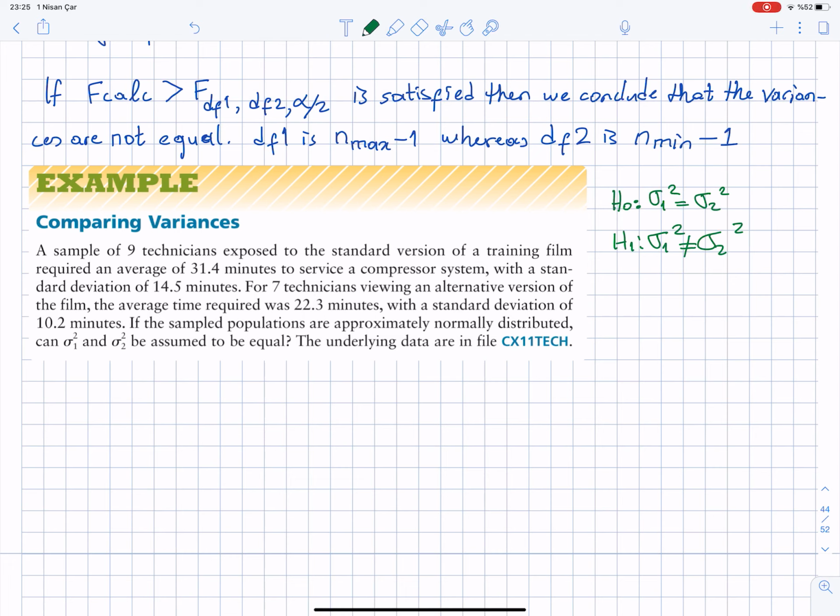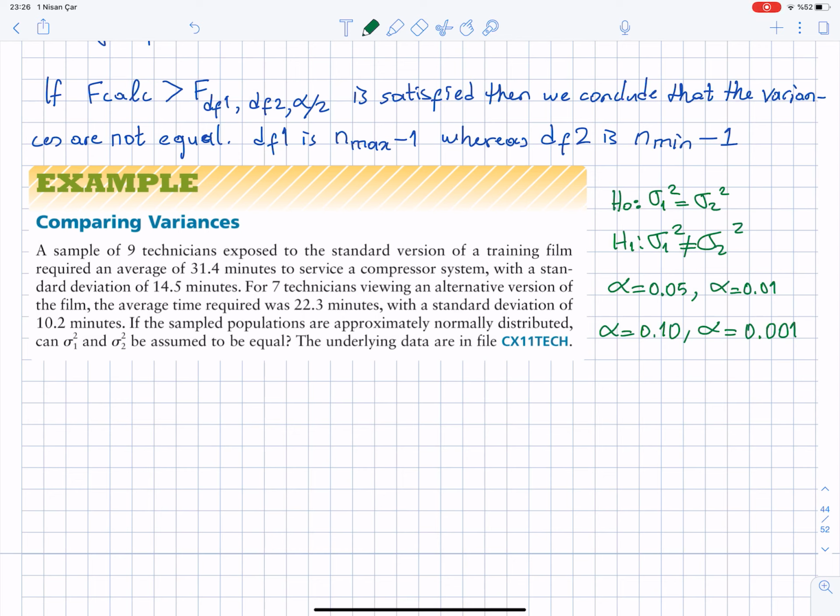The alpha level is not given, so you can use 0.05, the universal one, and let's use all of them. Let's consider alpha equals 0.05, alpha equals 0.01, alpha equals 0.10, or let's say 0.001.